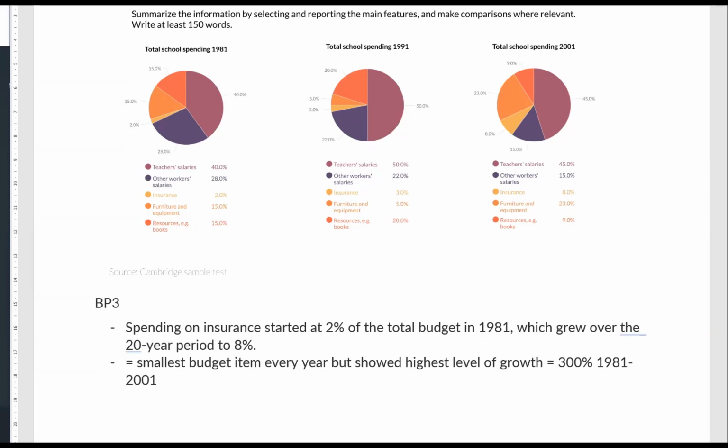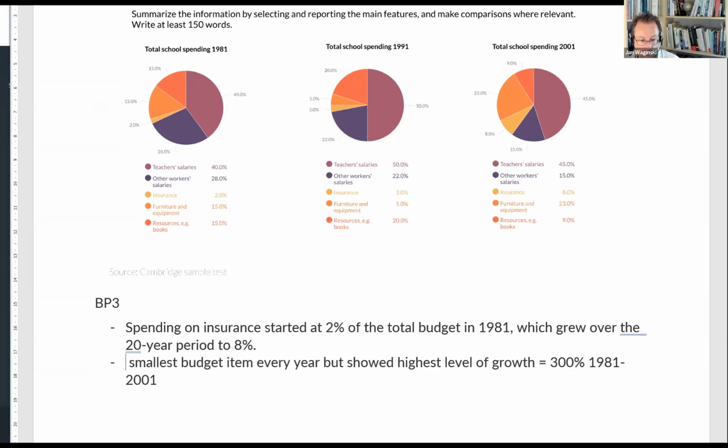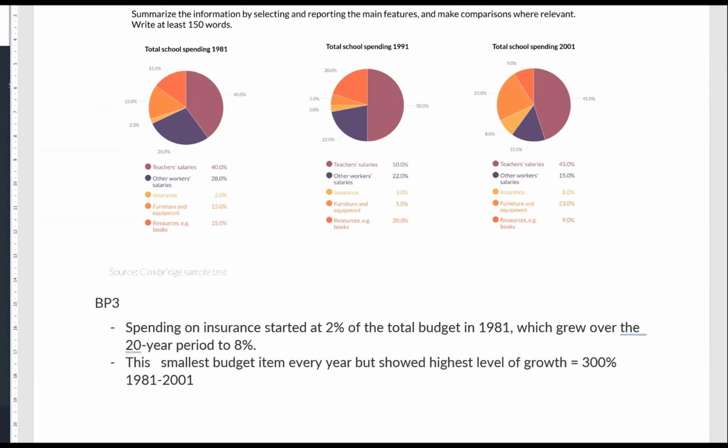The smallest budget item. So I use this equals here. Equals, yeah. Smallest. This was the smallest budget item.